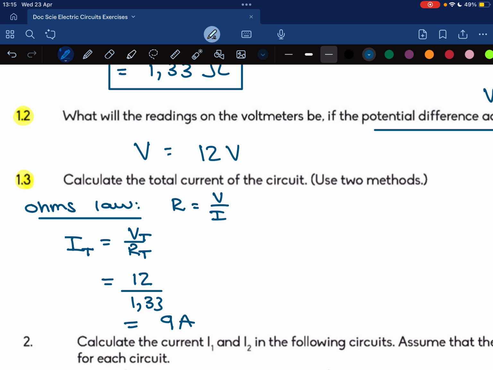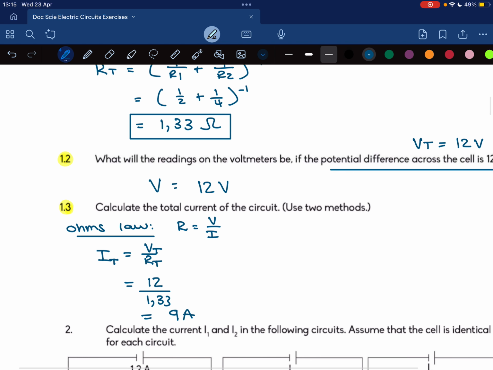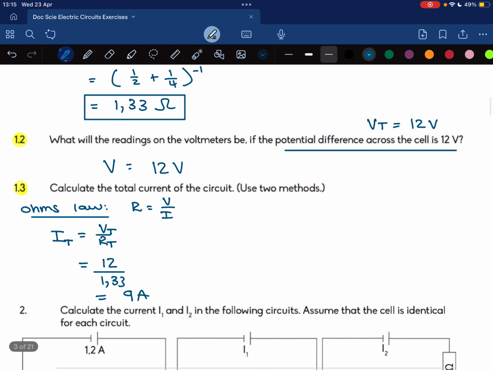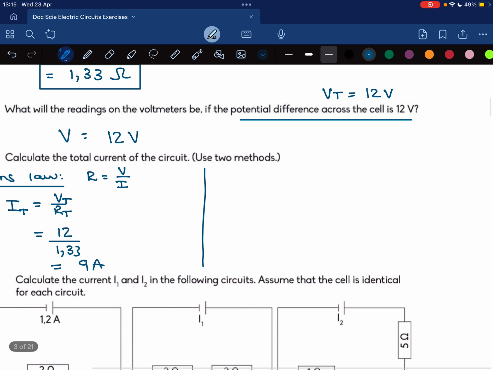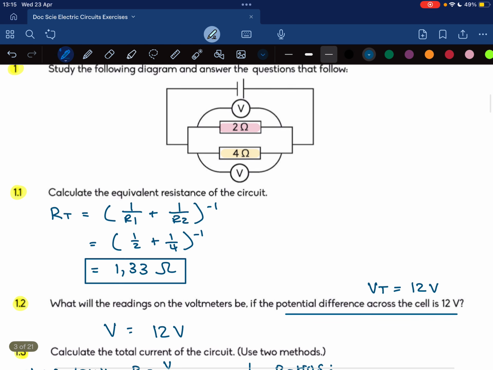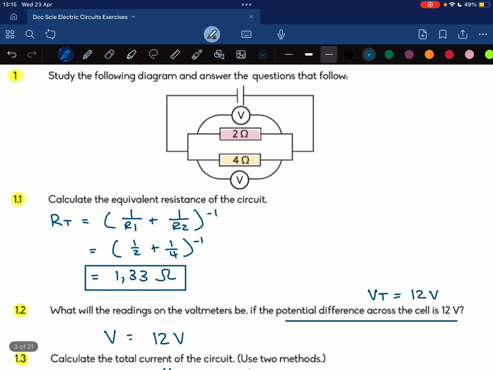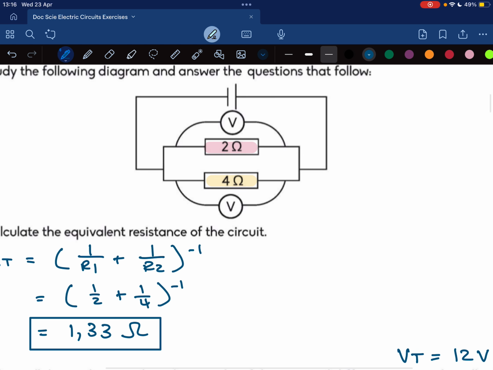Okay, so that is the way that we would calculate that particular current. Now if I look at the second method, I can also use the ratios. Specifically, I can add the ratios for these branches here.